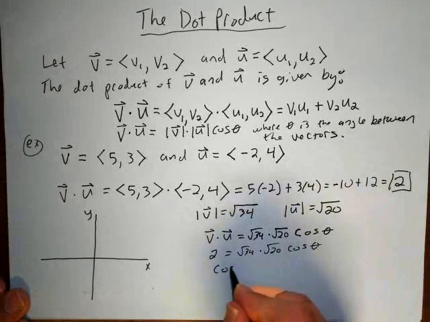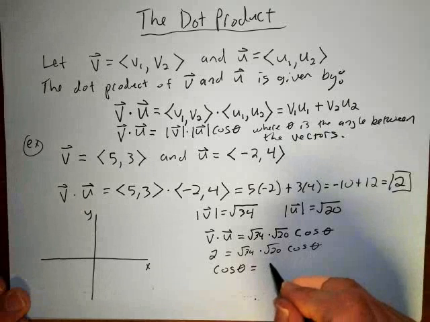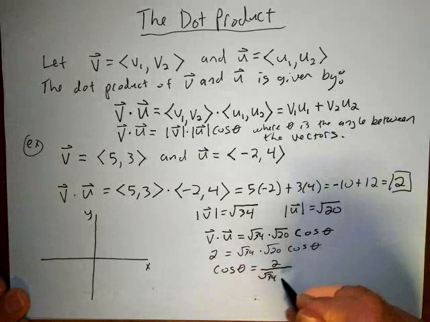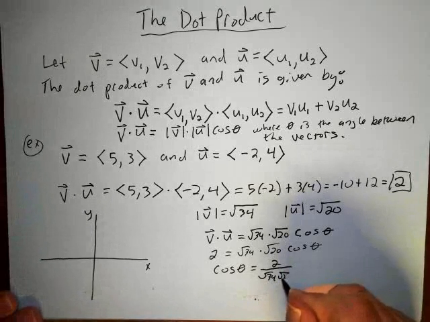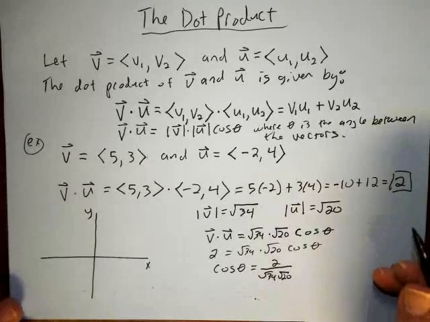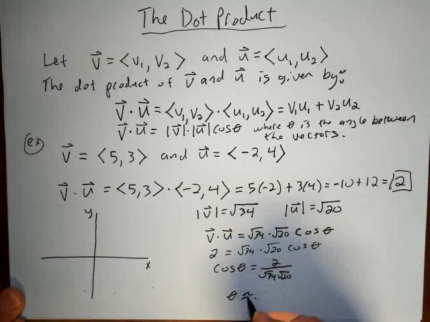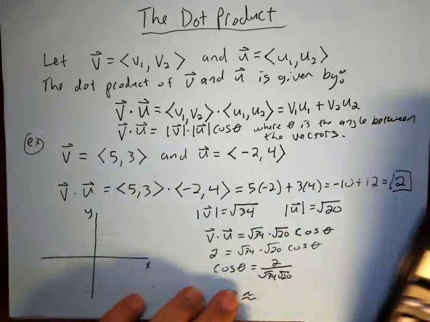So basically here I would get cosine of theta is equal to 2 over square root of 34 times the square root of 20, and then I can find my theta by doing the inverse cosine of this.